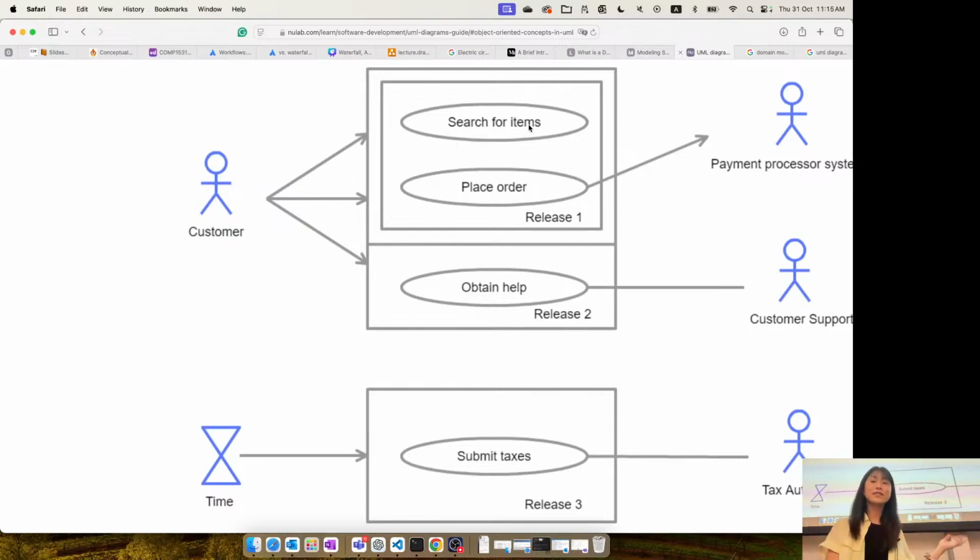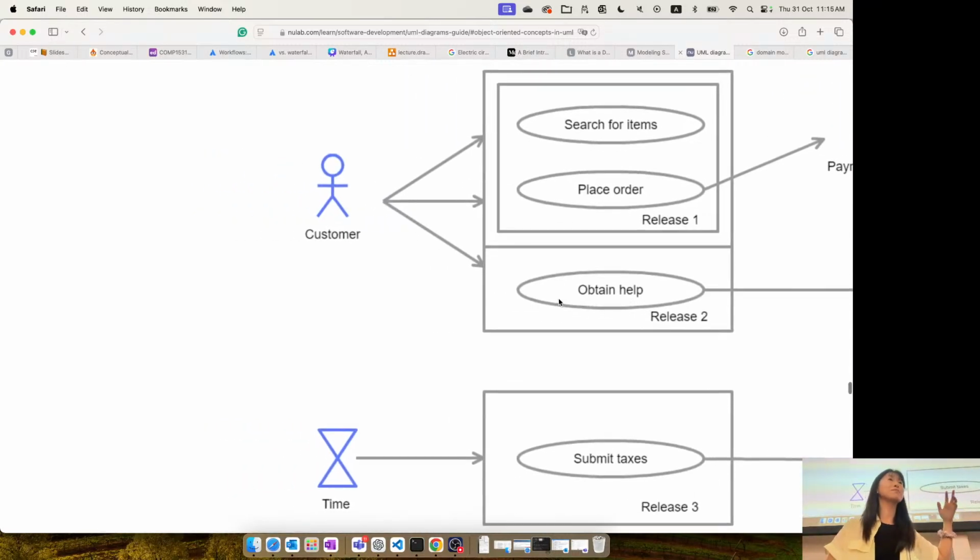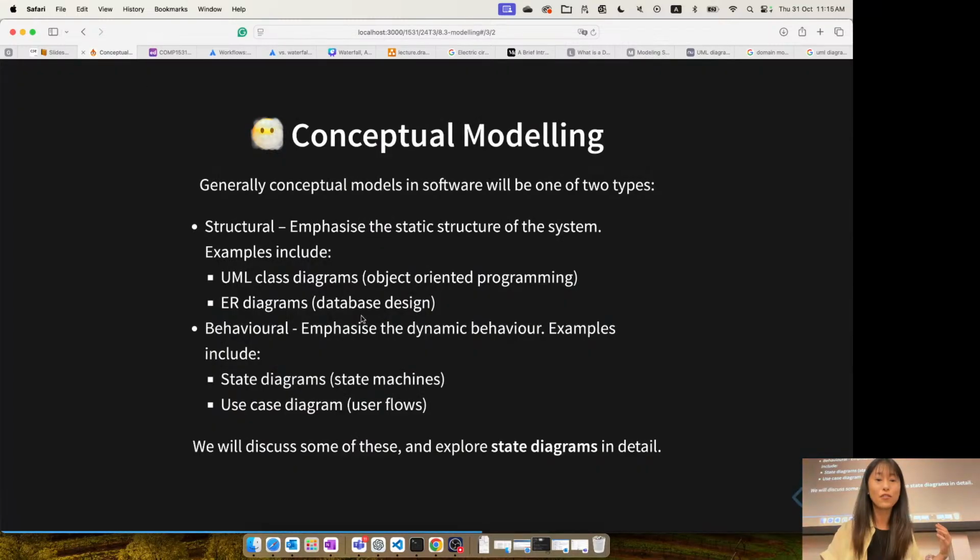They can search for an item, place an order, or obtain help. This is what the customer can do, but there are no behavior changes. For example, after they search for an item, the page changes from one state to another state, right? Or the stock changes from 100 items to 99 items. So this is one example of structural conceptual modeling.